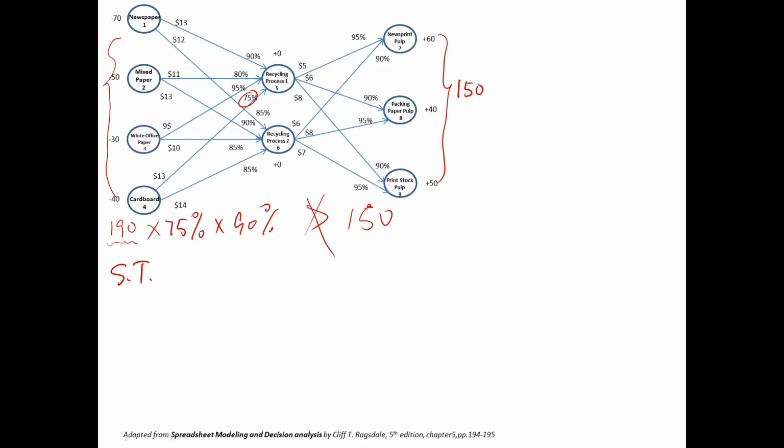So, subject to, for all the supply nodes, node 1, remember the constraint format: inflows, so no inflows for all of those nodes here, minus outflows, x15, x16, greater than or equal to, because we are going to assume we have enough to meet the demand, the supply there, negative 70.